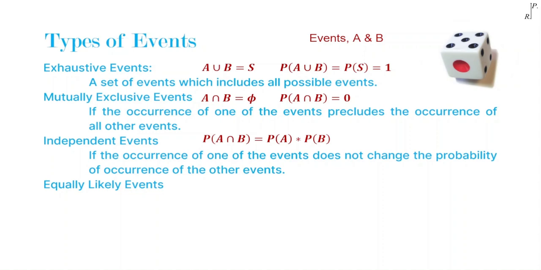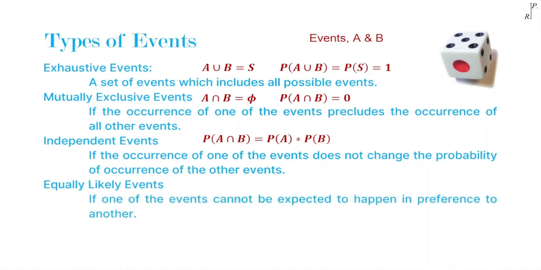Next is equally likely events. If one of the events cannot be expected to happen in preference to another, such events are called equally likely events. For example, while throwing a dice, there is an equal chance of getting any of the numbers 1 to 6.